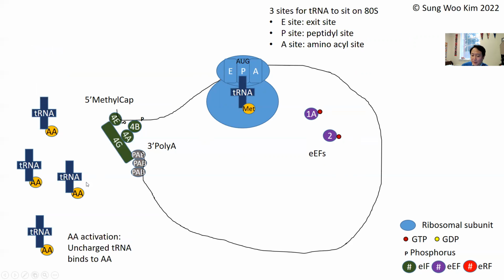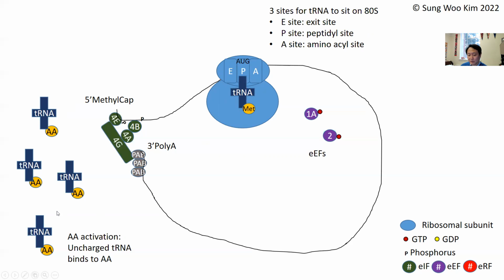Okay, as I just mentioned, this tRNA will be activated. So it's called amino acid activation. So uncharged tRNA will be bound to the corresponding amino acid. So if this is a glycine, as an example, this whole structure will be called glycinyl tRNA. If this is a serine, okay, serinyl tRNA, and so on.